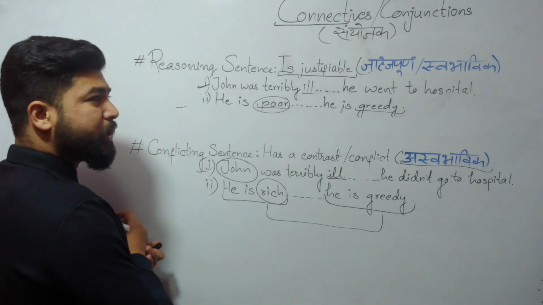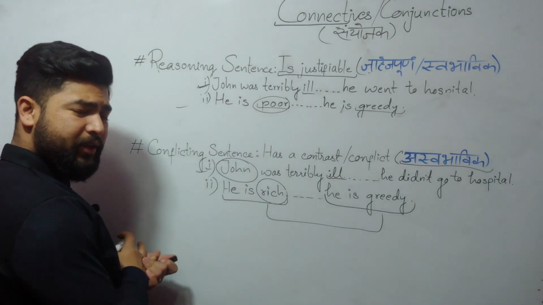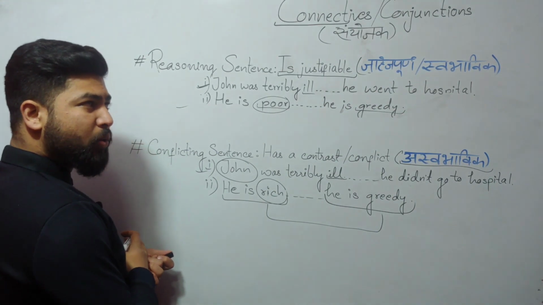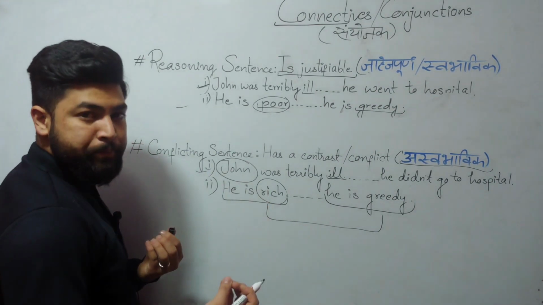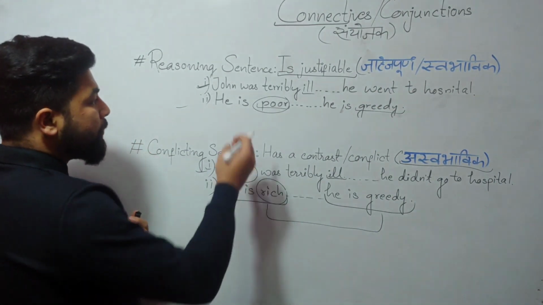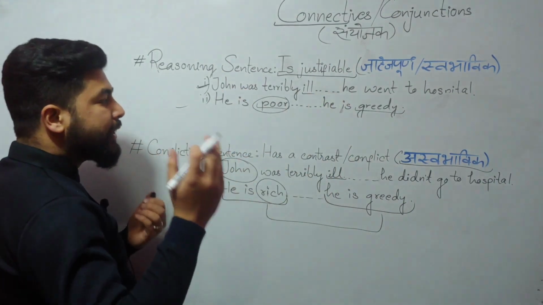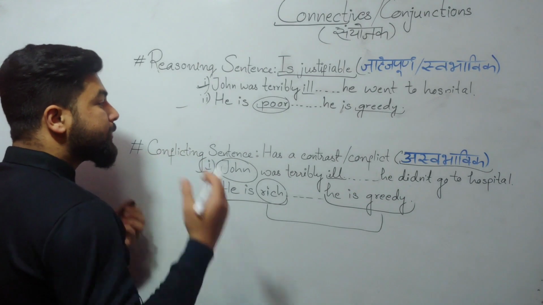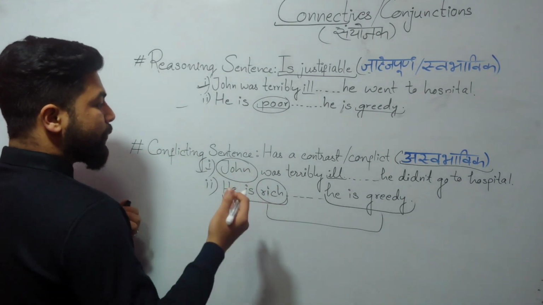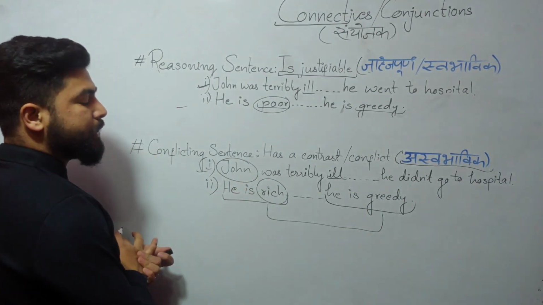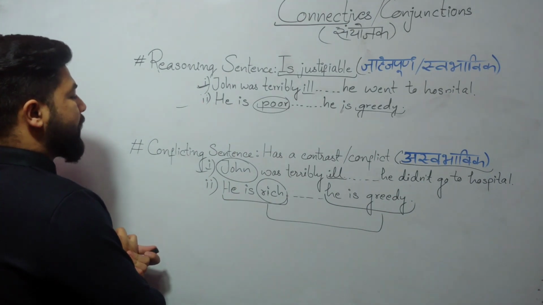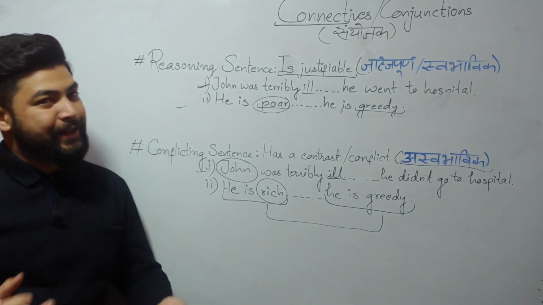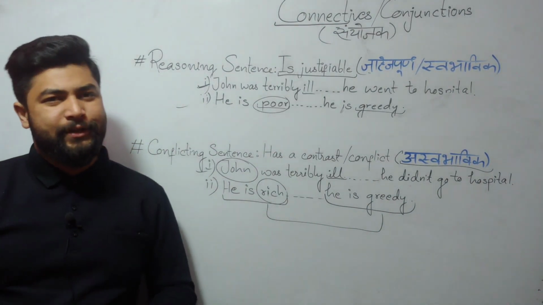Being greedy despite being rich, what is that? There is a conflict inside it, isn't there? Just think about it. Greed is a term that shouldn't match with being rich, right? So poverty and greed is fine instead. It is righteous for the poor to be greedy, but then it is not righteous. It is not justifiable for the rich to be greedy. So which is why two differing ideas are presented here, and such types of sentences are known as conflicting sentences. It's really simple, isn't it?